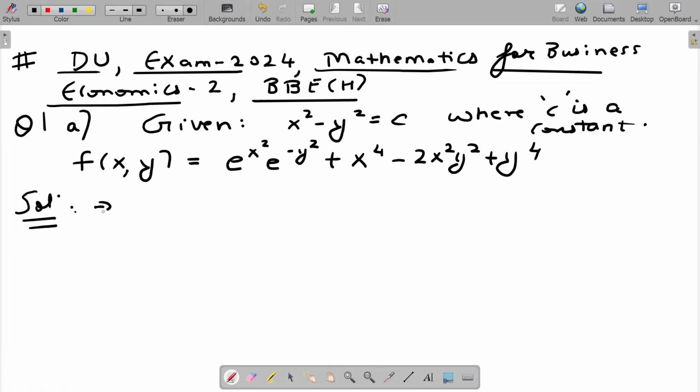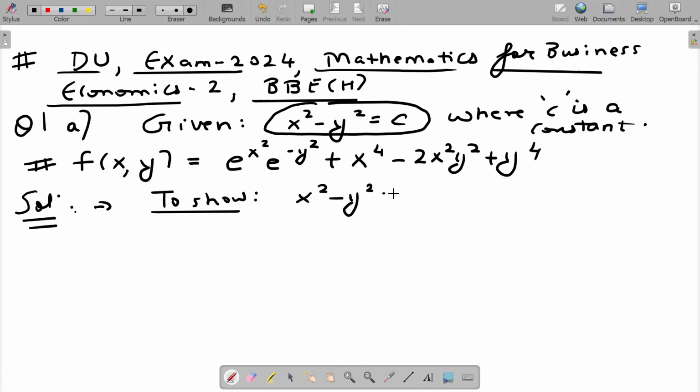Okay, I need to show that this equation for all values of the constant c is a level curve for this equation. So I need to show that x square minus y square equal to c is a level curve for f of xy.